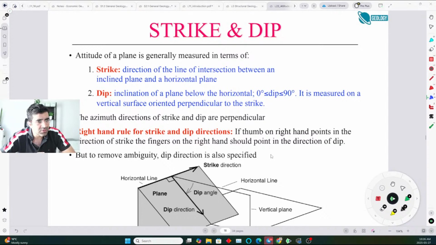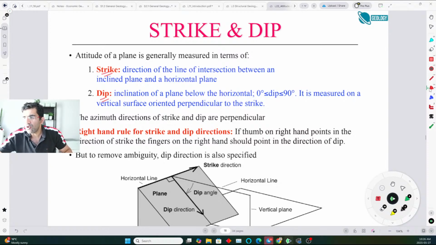Now we will go to geological terms, dip and strike. So the attitude of a plane is generally measured in terms of strike and dip.